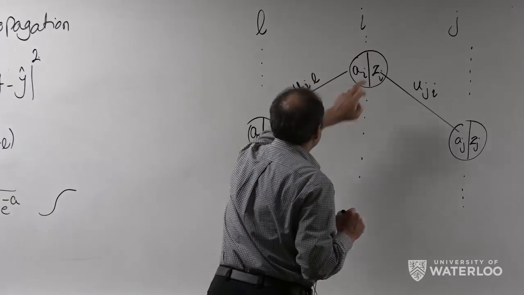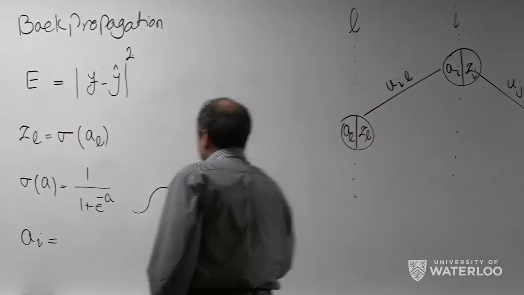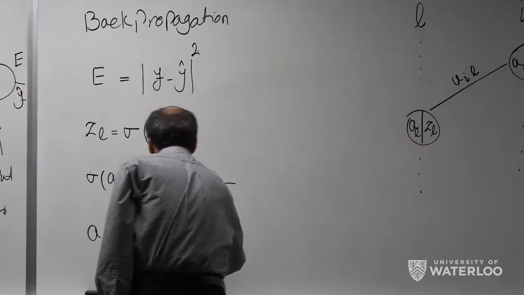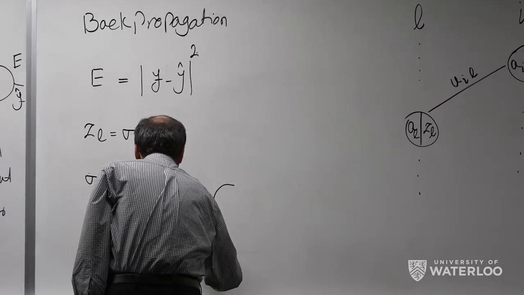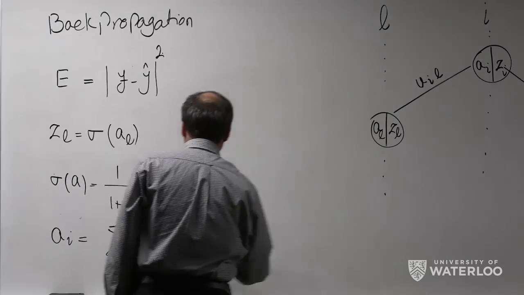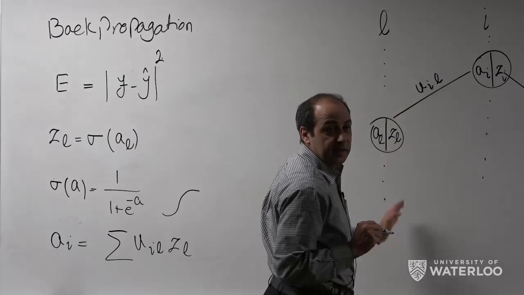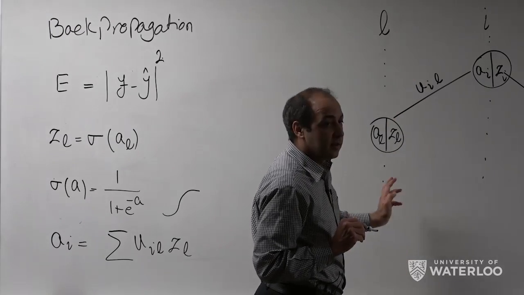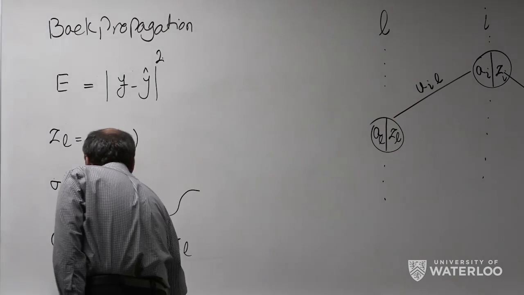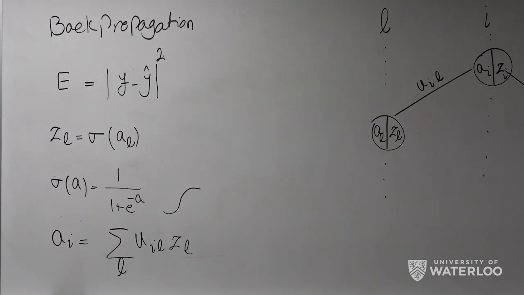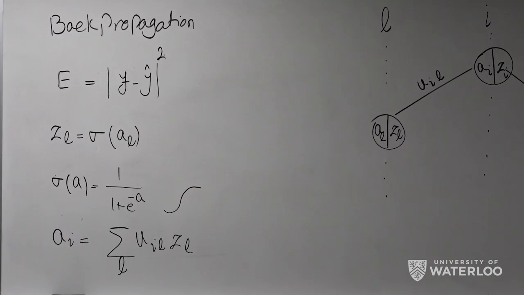So AI, for example, would be the summation of all UILs times ZL over all of these L's, right? A weighted sum of these values.